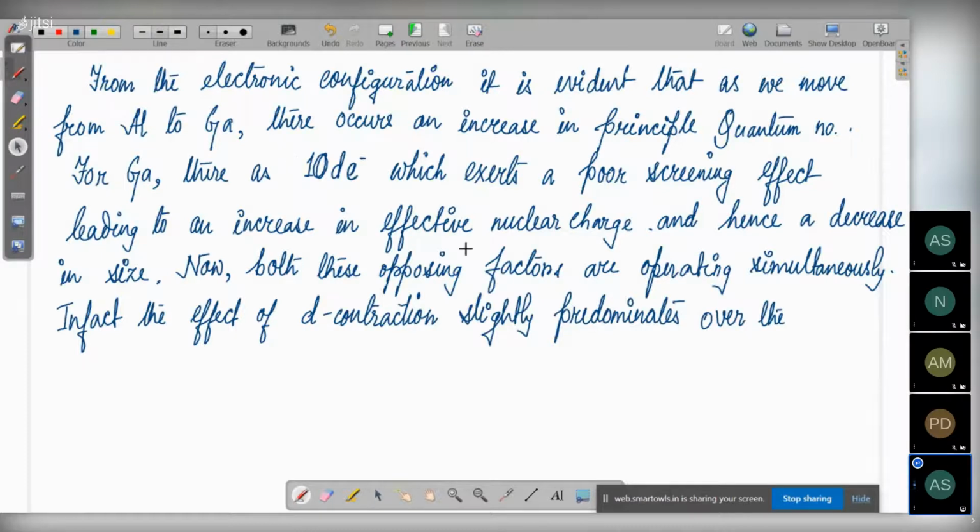So this effect of decontraction, which is the poor screening effect of the d electron, is slightly predominant over the effect caused by the increase in principal quantum number.